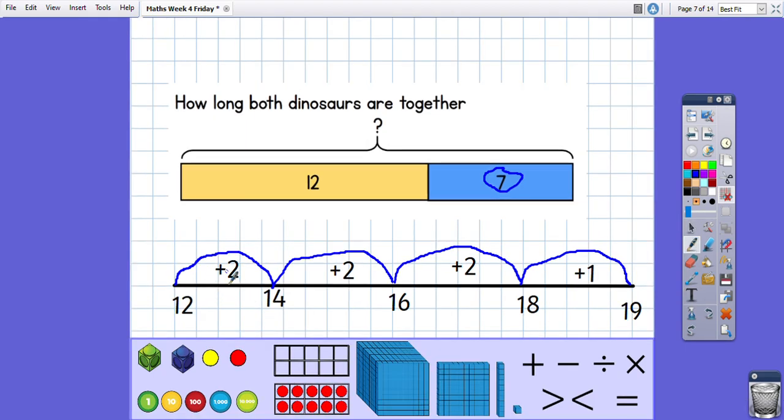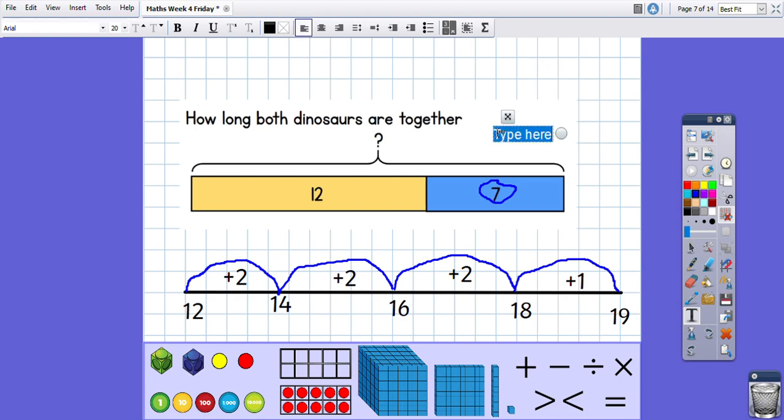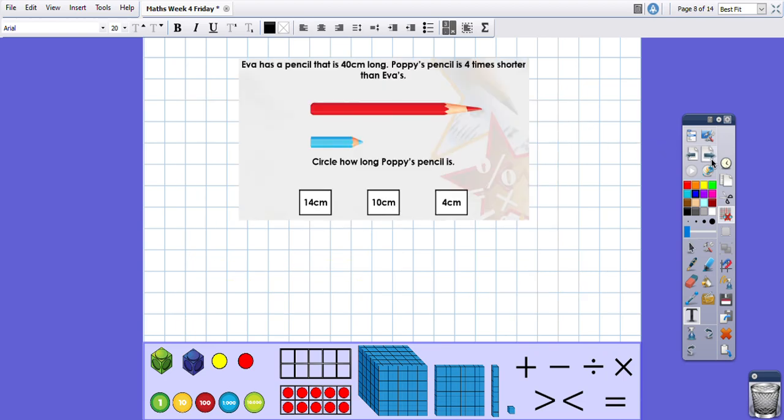So I've got 2, 4, 6. Add 1 is 7. So the 2 dinosaurs in total together is 19 centimetres. So if I put both dinosaurs next to each other, they would be 19 centimetres long.